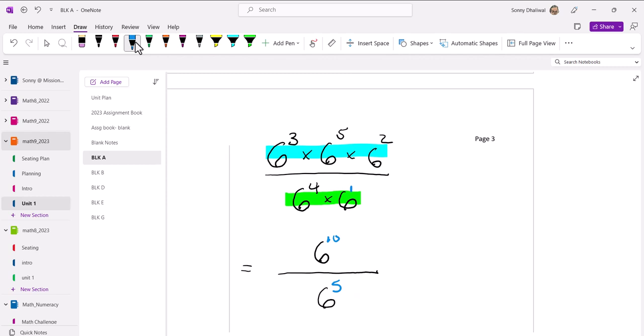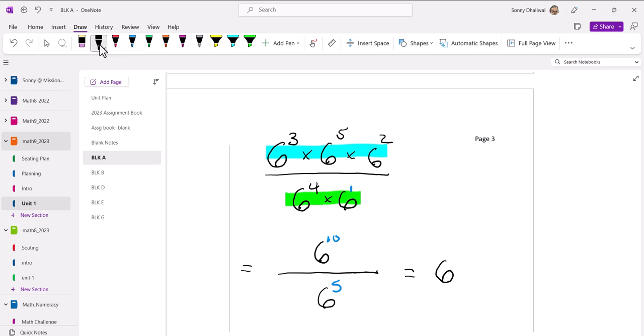Okay. So now that we have cleaned up the top and the bottom, this fraction line means divide. So you're going to combine these 2 single powers. The base is going to stay the same. What should the exponent be?